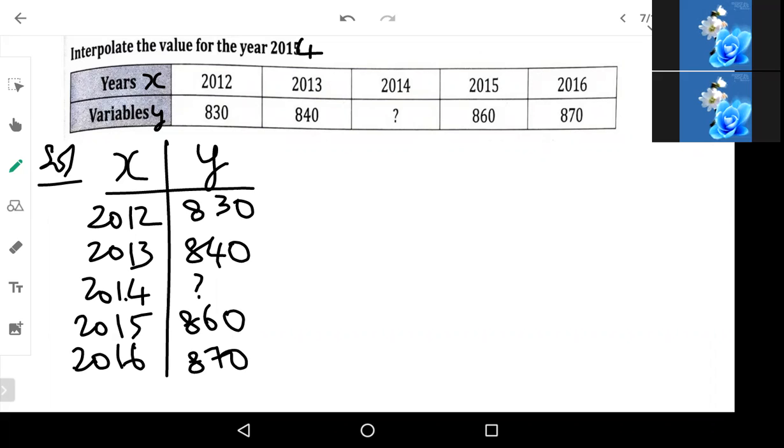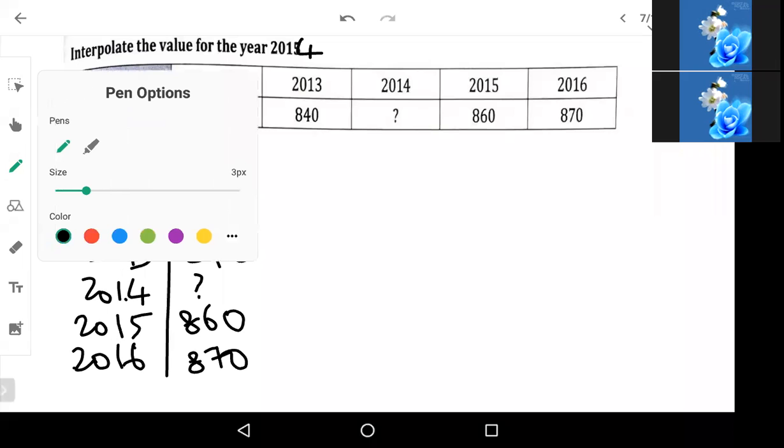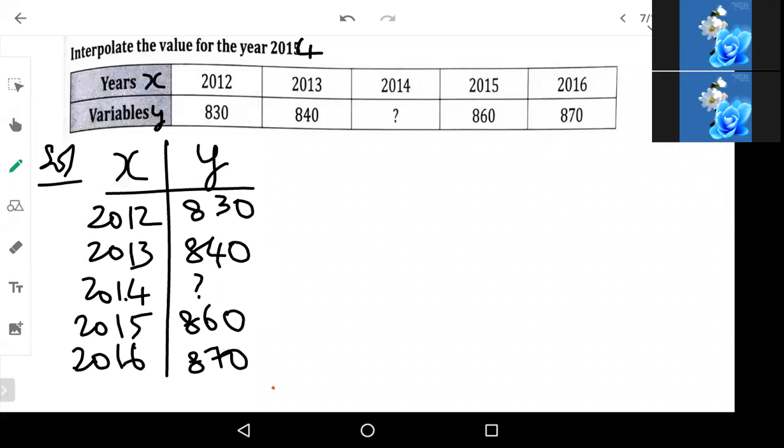Now we will find out the Pascal triangle for this data. If you see the data from 2012 to 2016, we will name this data. Only the Y variables will be named. Starting from first, this will be Y0, Y1, Y2, Y3, and Y4.